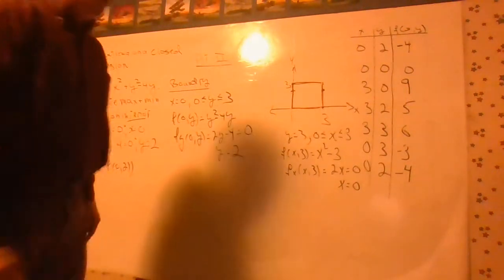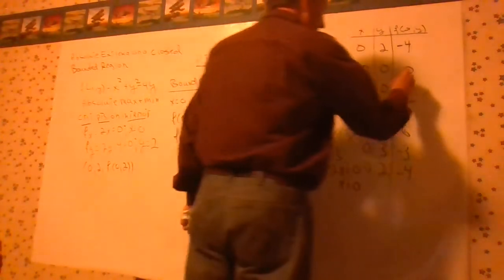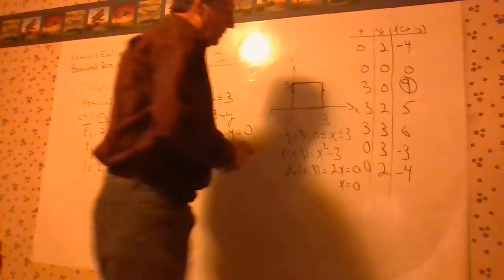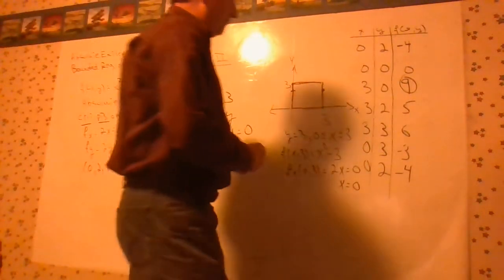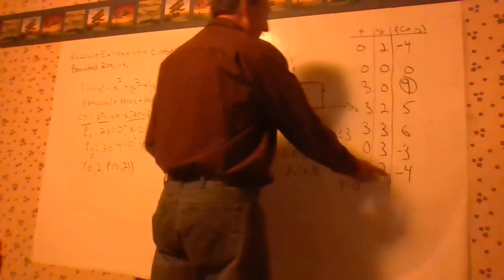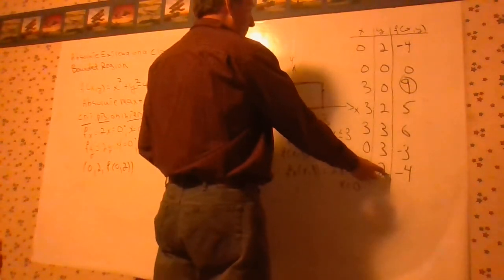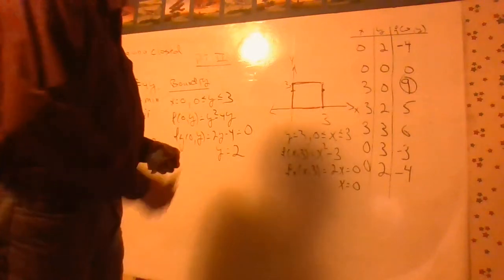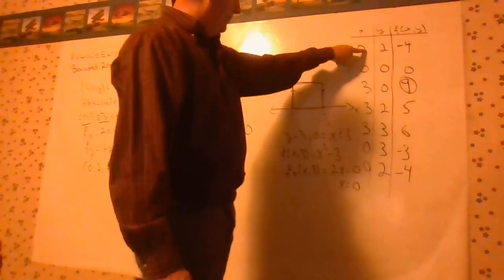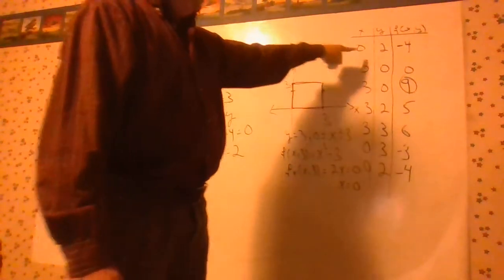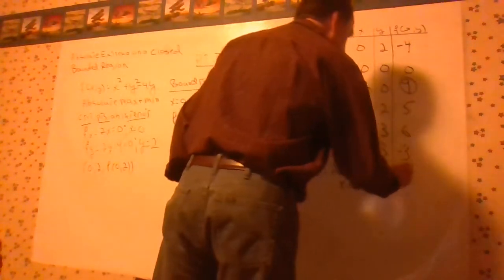Where's the maximum? Right here. Where's the minimum? Actually, 0, 2 was included as a critical point up here. So that's actually already included.